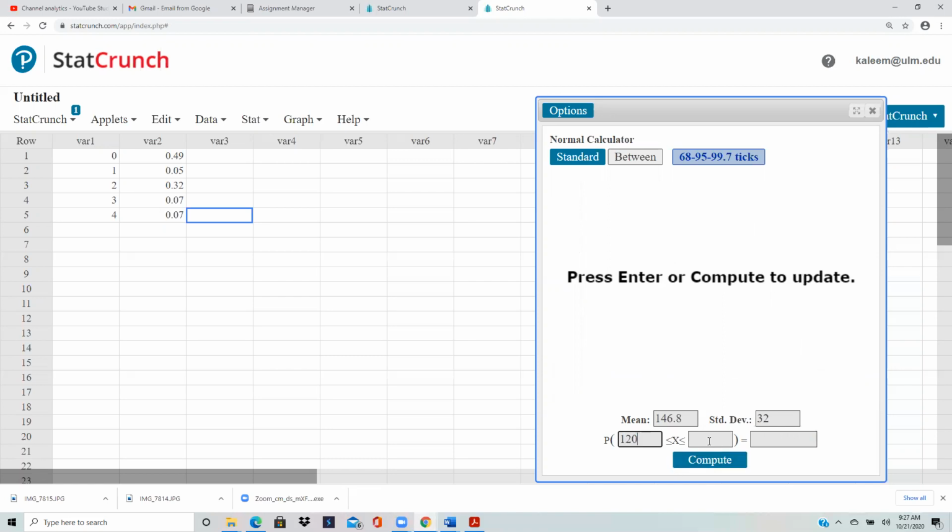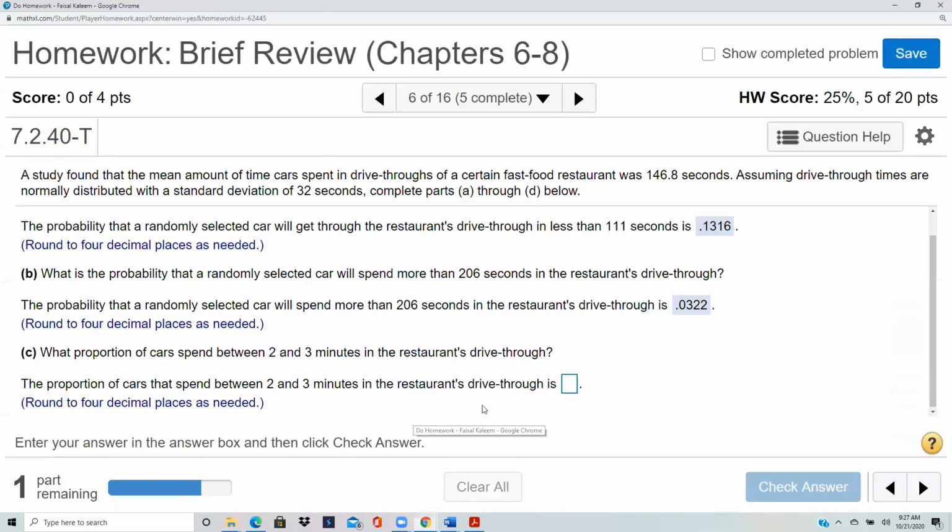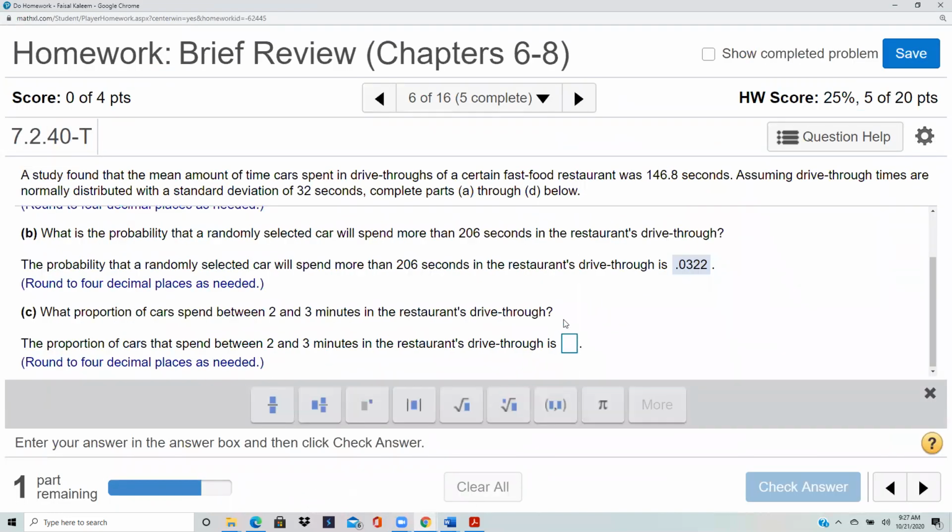Well, I know there's 60 seconds in a minute, so just multiplying 60 and 2 and 60 and 3. Right. And then 180 for 3. So 0.6491.